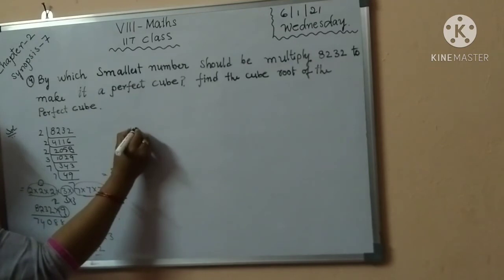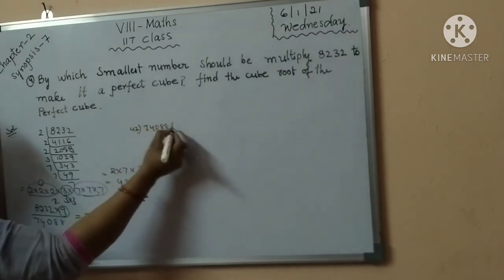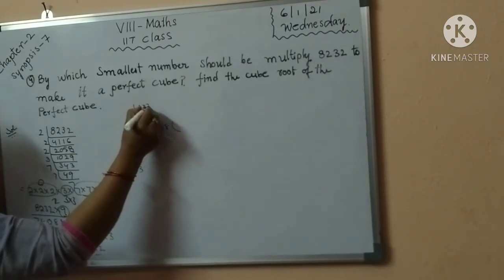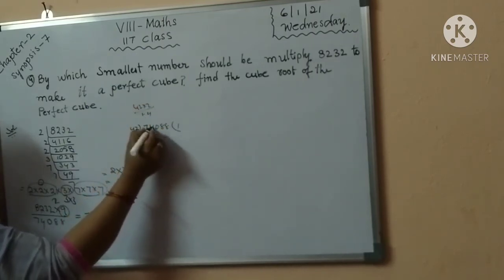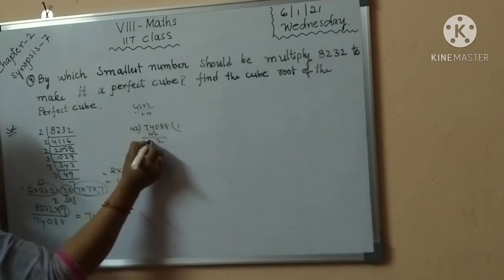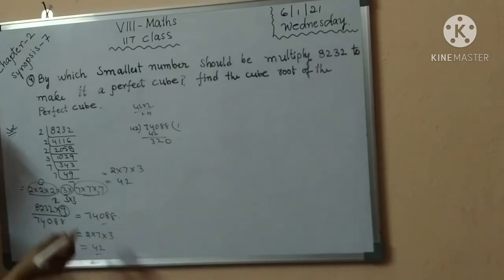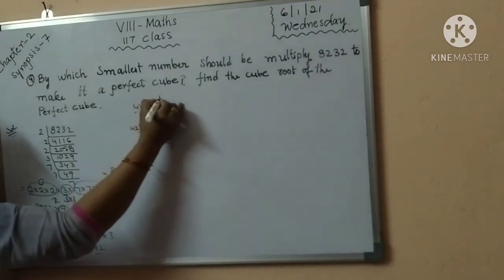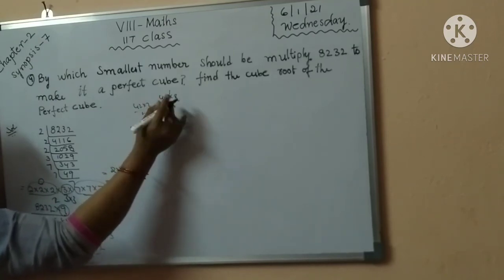Let us observe 42 into how many times is possible in 74,088. 42 into 2 means 84, so not possible.